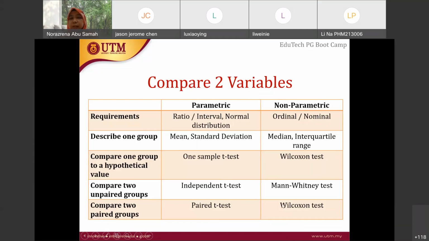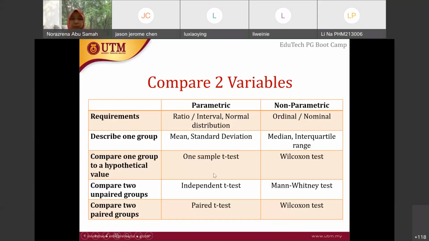But if you run a non-parametric test involving ordinal and nominal data, you must have the median, and the interquartile range is optional. If your data is ratio or interval but not normal, you will run a non-parametric test, and for that you can have the mean and standard deviation and also the median and so on.